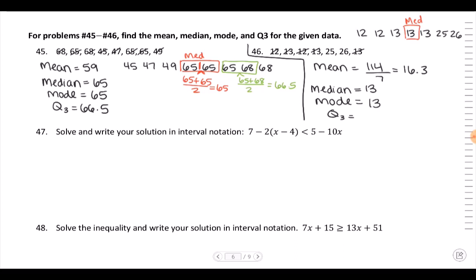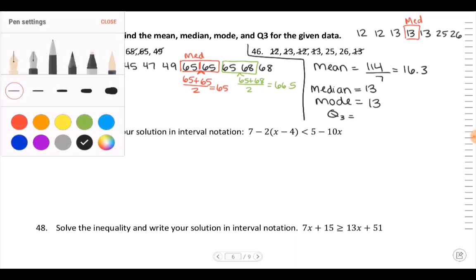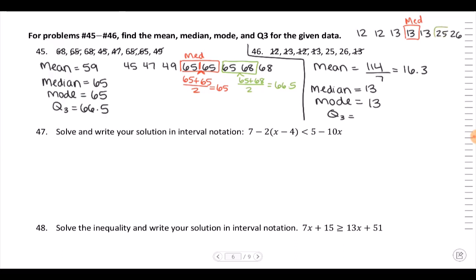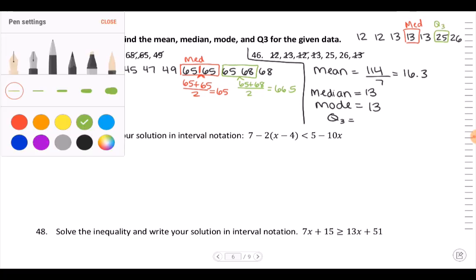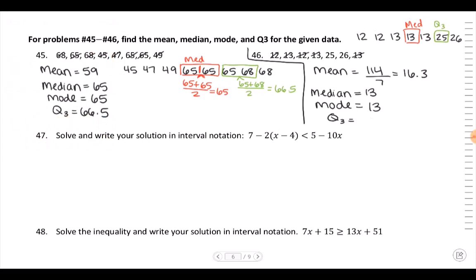And then my third quartile would be 25, because I would take this upper half of numbers and then I see that if I cross 13 and 26 off, then 25 is in the middle of those numbers. So this is my third quartile there. So third quartile, 25.